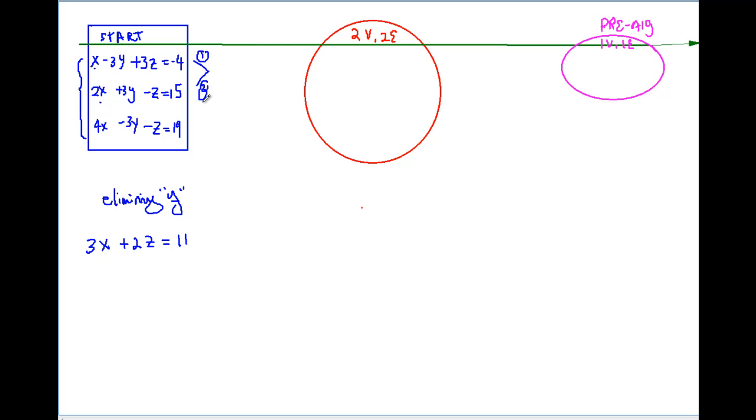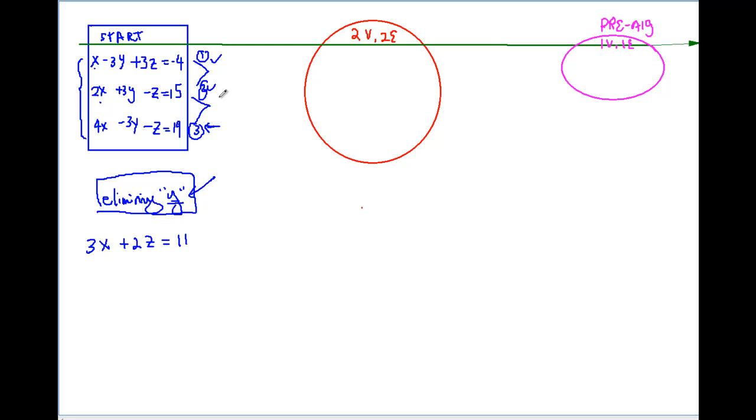Equations 1 and 2. Next thing I want to do, again, you want to keep in mind what you're trying to do here. There's a lot of equations, a lot of variables. It can get confusing quickly, but it doesn't have to be, not if you know what you're trying to do. My only goal is eliminating 1 variable by manipulating those 3 equations. However I can do it, I'll do it. Since I used 1 and 2 already, I have to involve 3 on the next step.